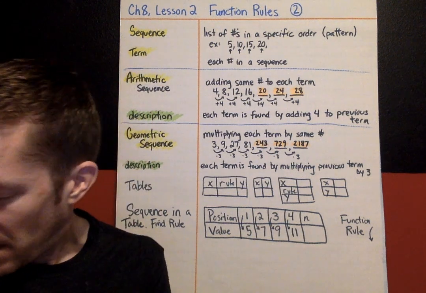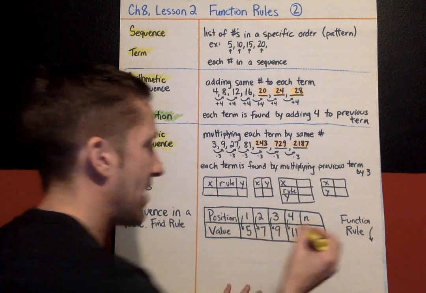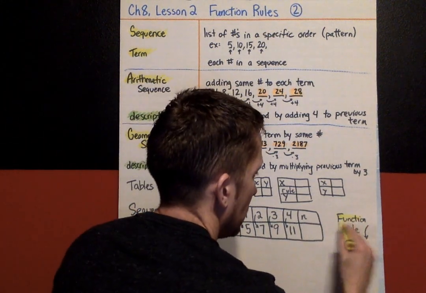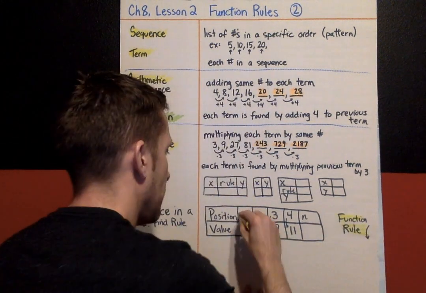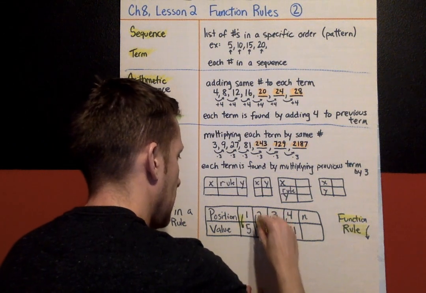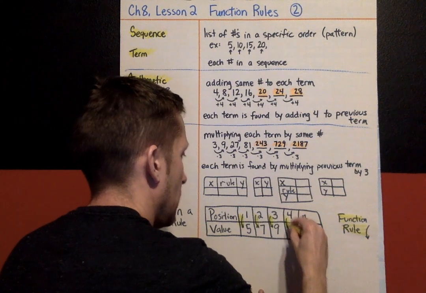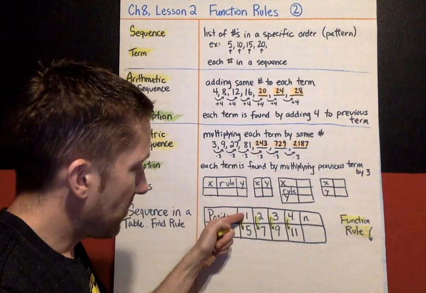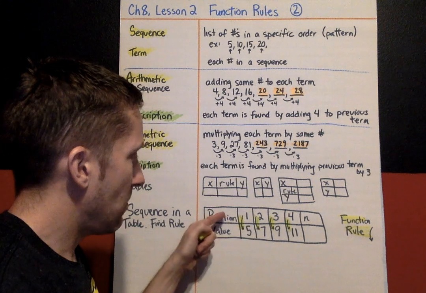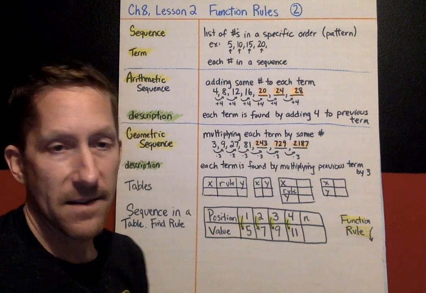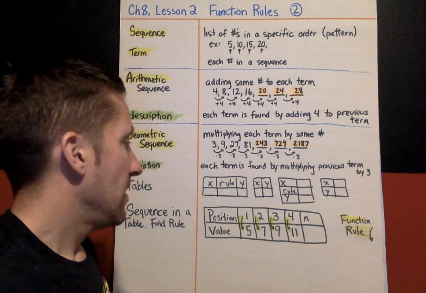So I'm going to highlight that. This is the pattern we're looking for, the function rule. In this example, it's going down from the position number to the value, or from the x to the y. It's another way you could think of that.